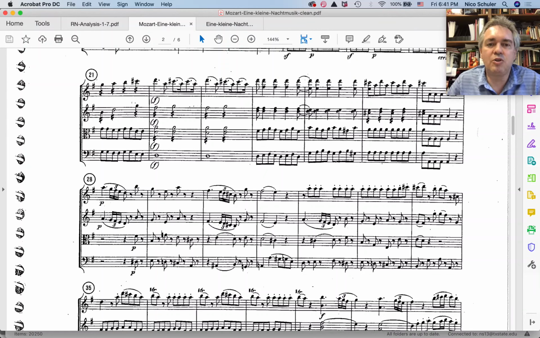I always suggest listen to the music and stop the music at any time and try to identify where the tonic is. Try to sing the tonic. Play the music through the end of the phrase or even the middle of the phrase, stop it, and try to identify where the tonic is.